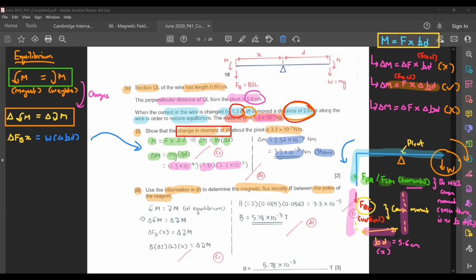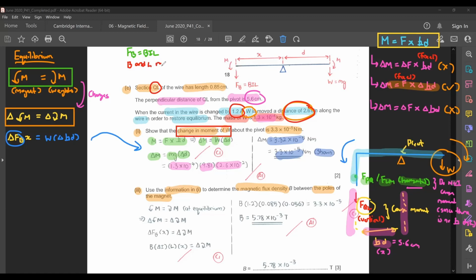From here, if you're talking about the change in your magnetic force, the magnetic force is given by F equals BIL. Now, since you're using the same magnet, your magnetic flux density will be the same. B is the same. And then since you're still using that same wire, specifically the same section QL of your wire, you could say that the length of your wire inside the magnetic field remains the same.